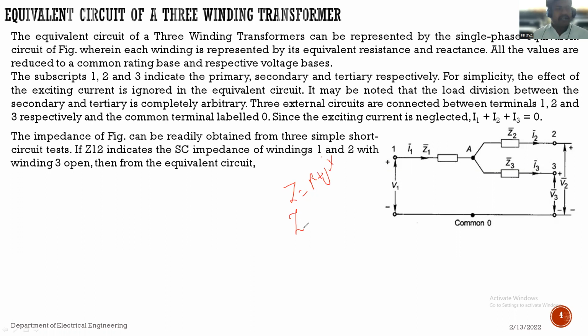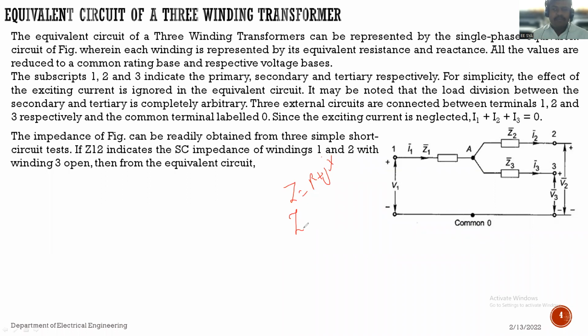Now the concept related to per unit value is covered in detail in the Power System 3 subject. So that means we are converting our real value of impedance, resistance, or reactance into a per unit value by considering any one base value.